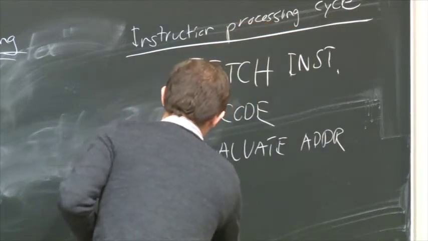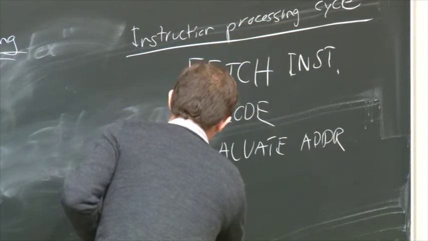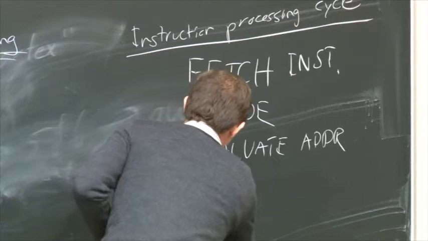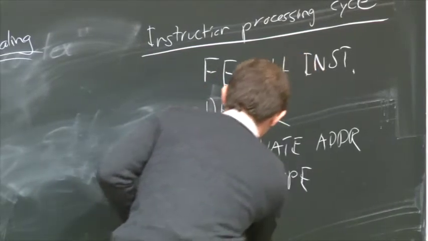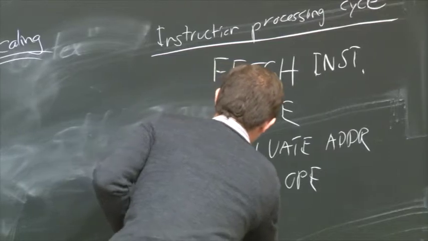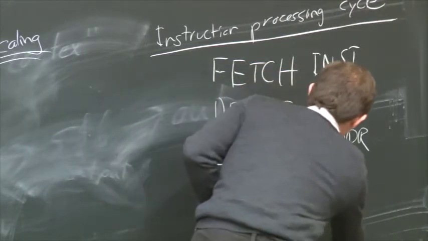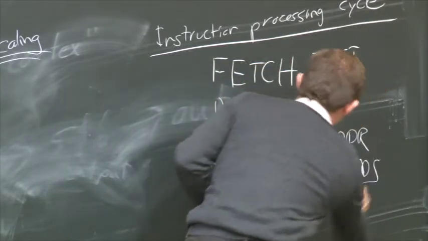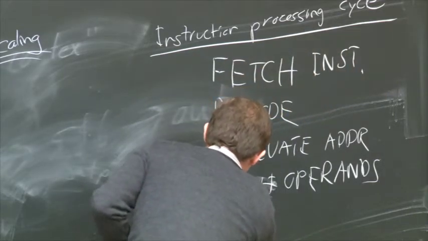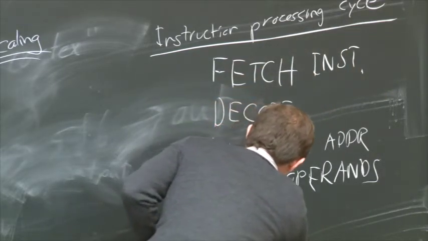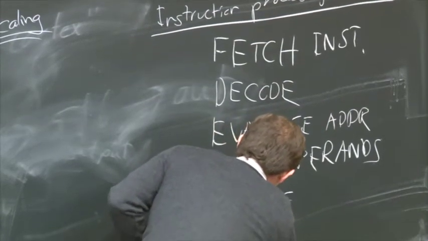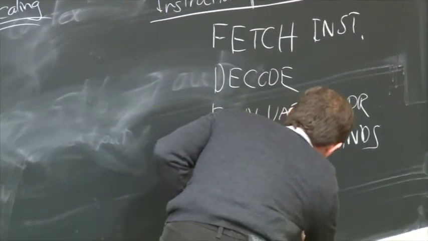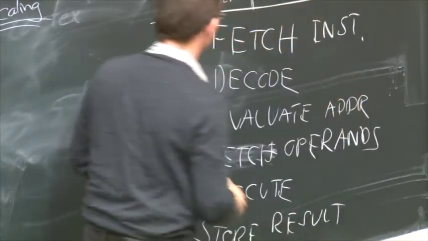And then fetch the operands. But this is a different kind of fetch, right? And then execute the instruction, and then store the result. So there are 6 steps.